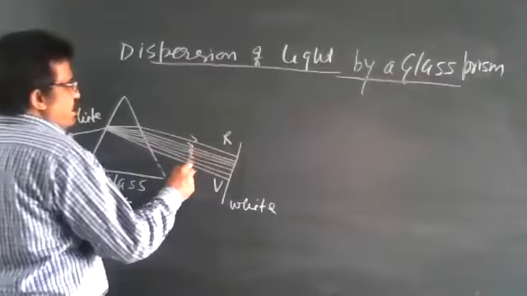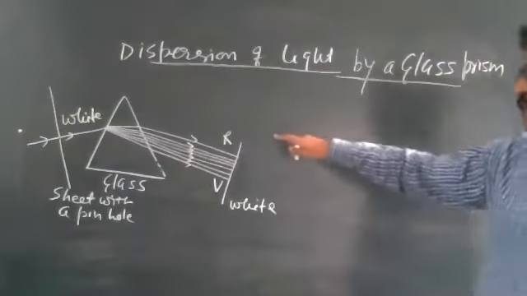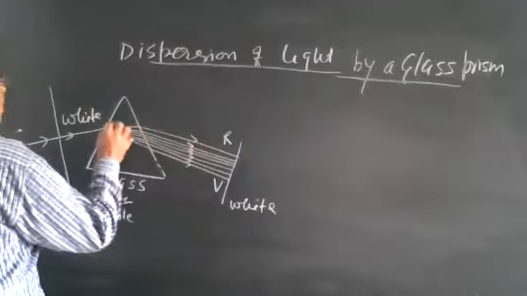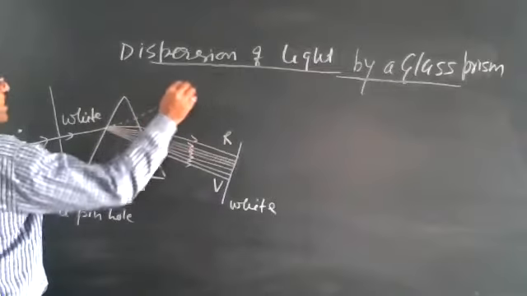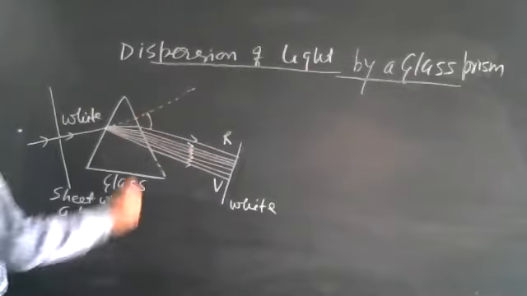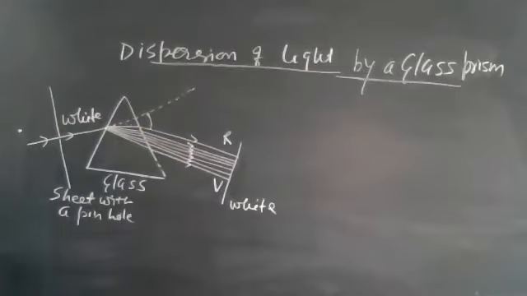Write down, my dear children, draw this figure. First, here it is the red color. The angle of deviation of red color we can find out from here in this manner. Similarly, we can find out for violet color. So draw the figure.